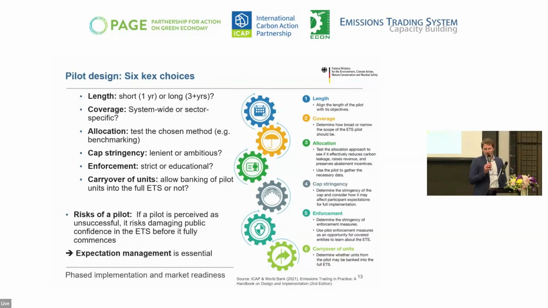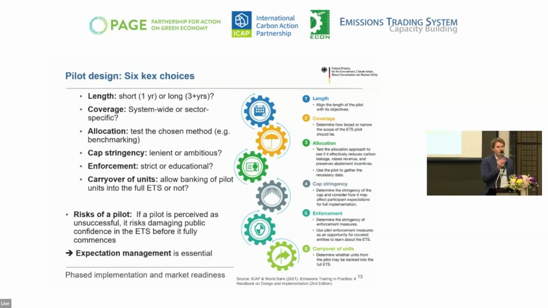One important factor about a pilot is managing expectations, because it should really be communicated to the stakeholders and the participants as a trial and testing phase, where lessons will be learned and changes will be made for the final ETS, because there is a risk of damaging confidence in the system if there are certain flaws that lead the pilot to be unsuccessful or not to work well.